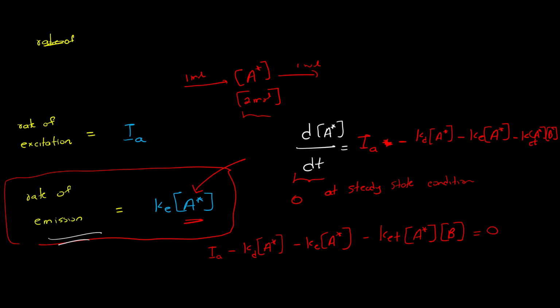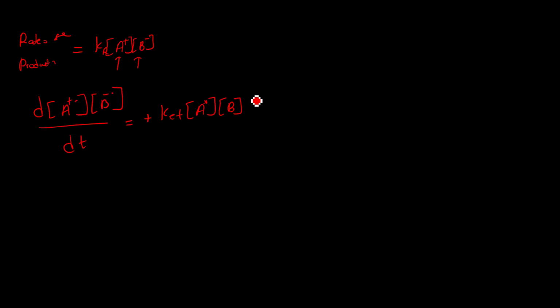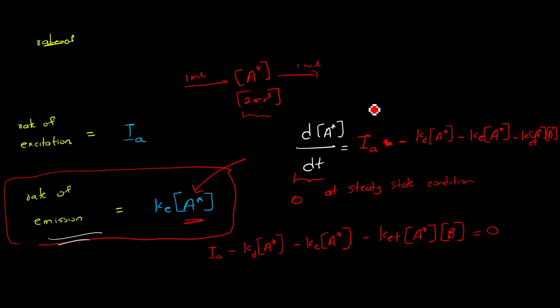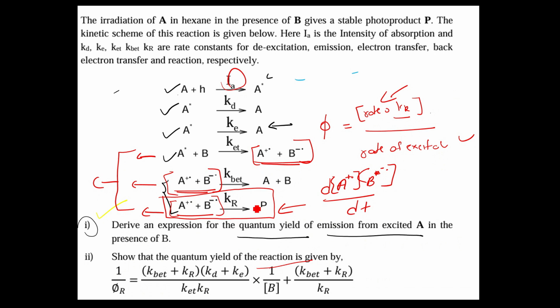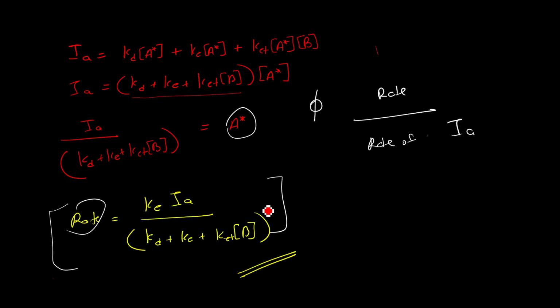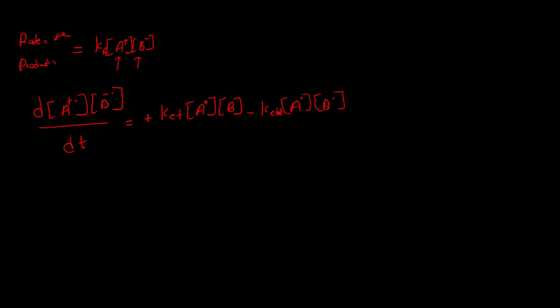So k_EBT is negatively affecting it: k_EBT, A radical and B radical. And there's another, final step, which is also a reducing step to products, k_R, right? Yes, k_R, sorry. It's negative k_R, A radical and B radical.